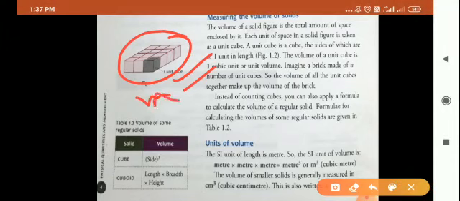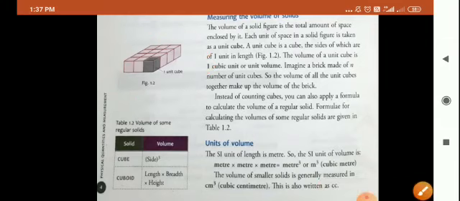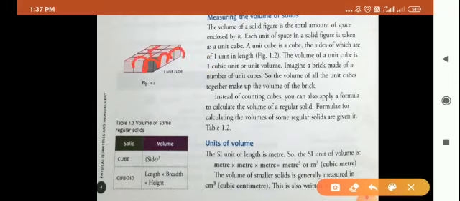So what will you do? n की जगह कोई भी number हो सकता है, any 5, 6, 7, 8, 9, any number. ठीक है? Brick के अंदर n number of unit cubes हैं. We don't know the value of n; it could be 16, 17, even 100.